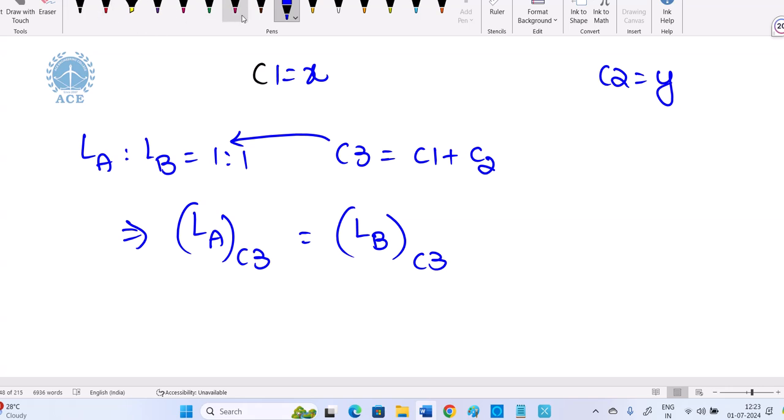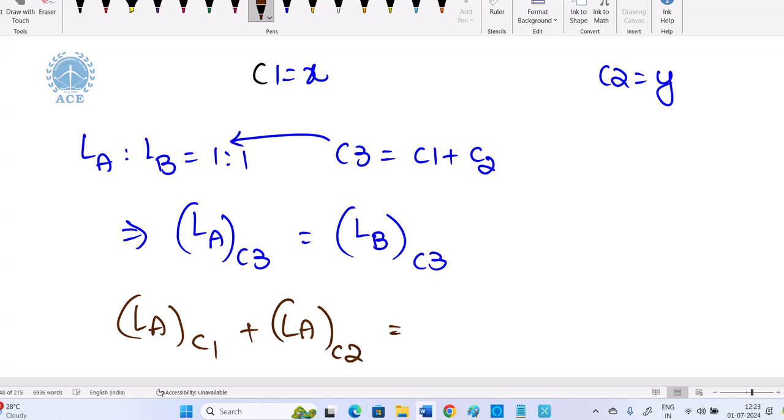Sir, how can I get liquid A in container 3? Container 3 is obtained by adding 1 and 2. So liquid A in container 1 plus liquid A in container 2 equals liquid B in container 1 plus liquid B in container 2. Are you agreeing with that?